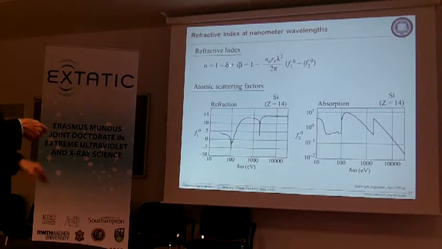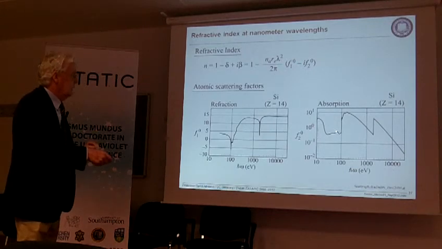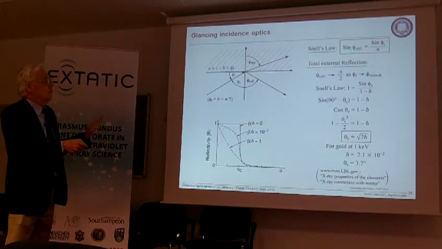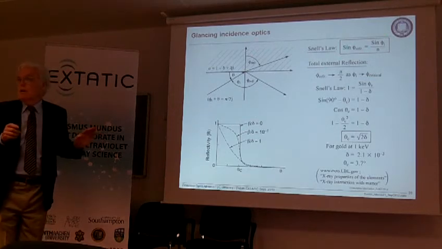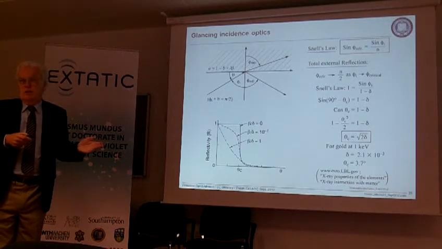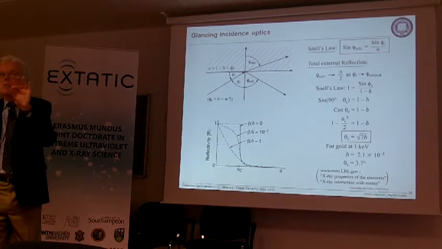This was the refractive index we're going to get, and it depends on these real and imaginary parts of the atomic scattering factors, which look like this. This we're going to calculate. We're going to start with Snell's law, which we should all know, and it's just an electromagnetic phenomenon. And for those who want, it's written out line by line in the book.